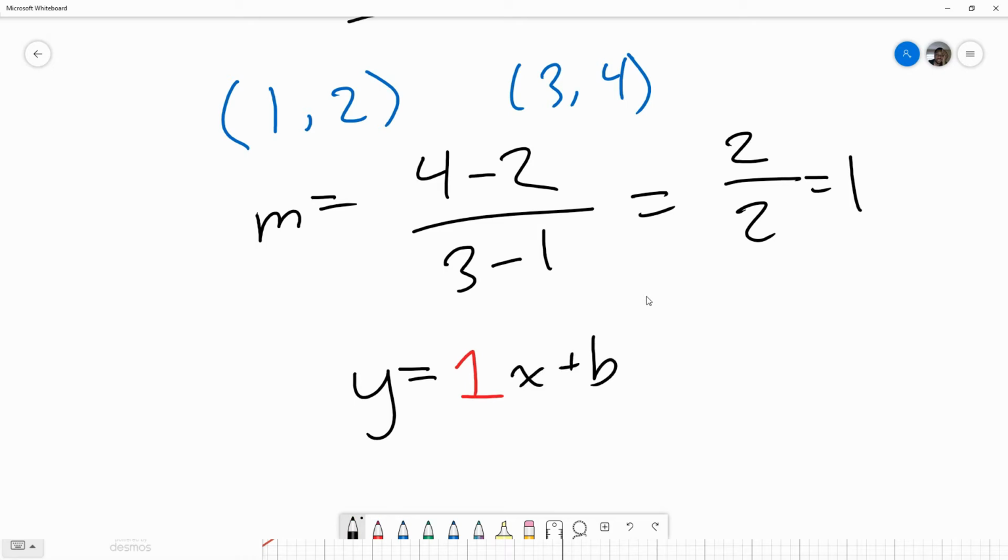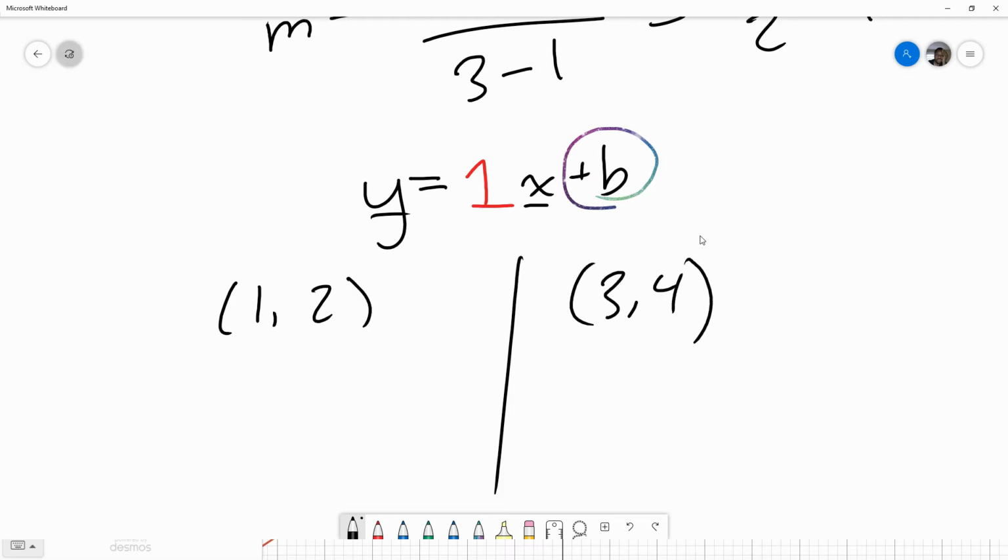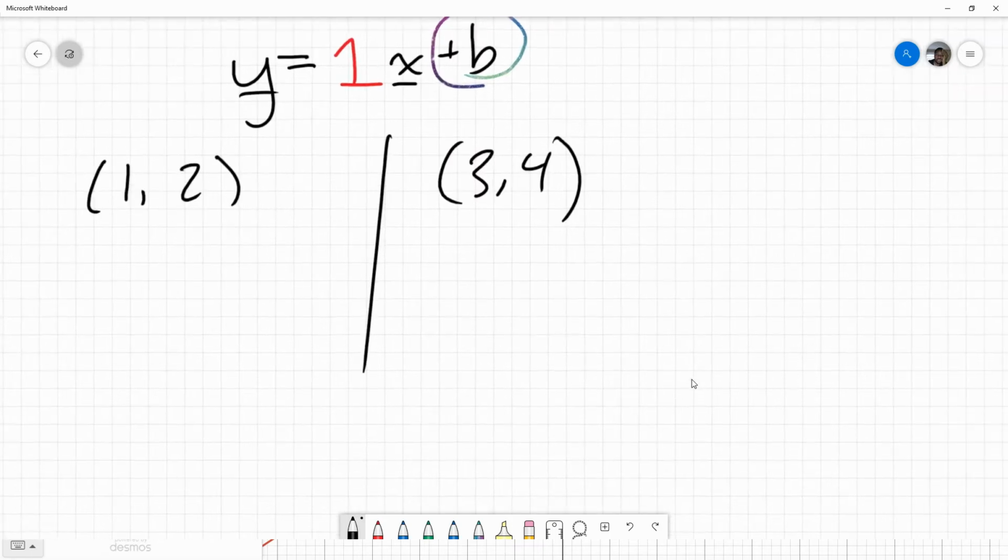Well, if I'm looking for this b, I know an x or a y. It's either these two or these two. So I can take one of my points and plug it into the equation. So let's just say I'll do both of them because I'm going to do extra work anyway. So we have 1 comma 2 and 3 comma 4. So let's do it.